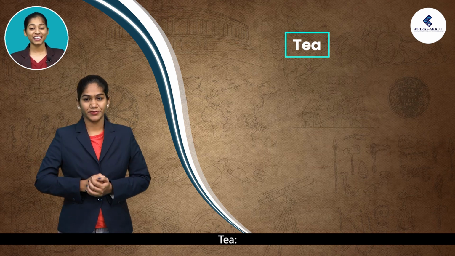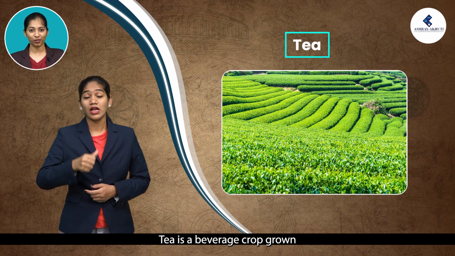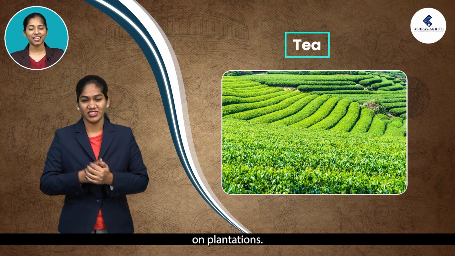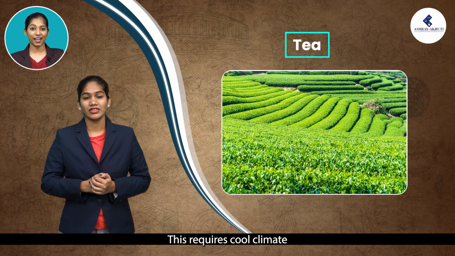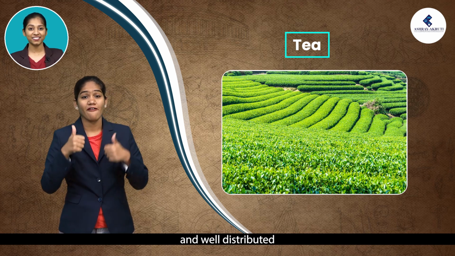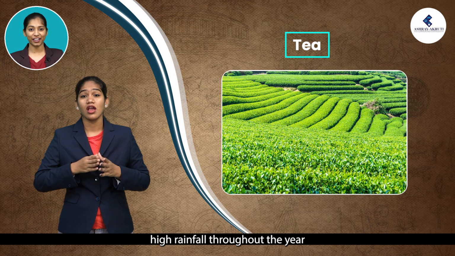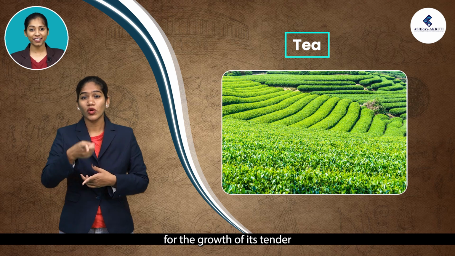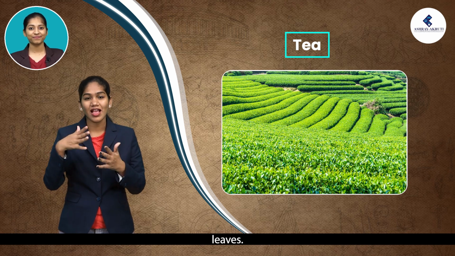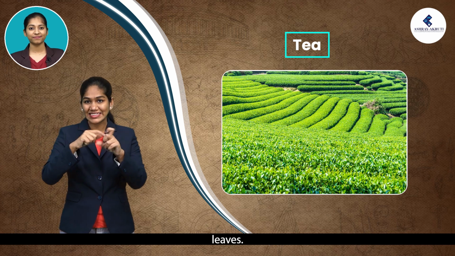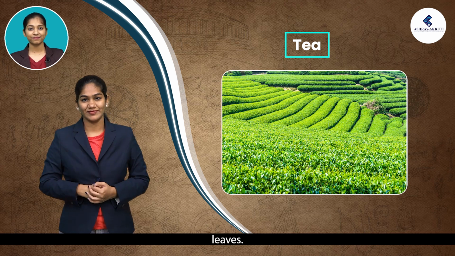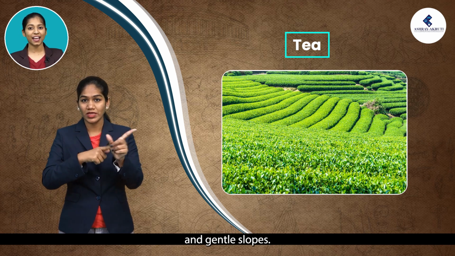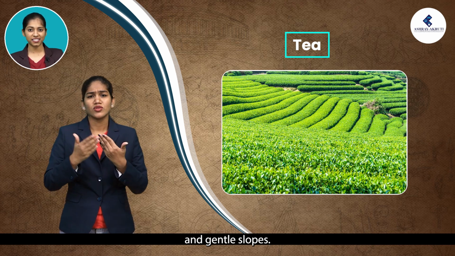Tea. Tea is a beverage crop grown on plantations. This requires cool climate and well-distributed high rainfall throughout the year for the growth of its tender leaves. It needs well-drained loamy soils and gentle slopes.